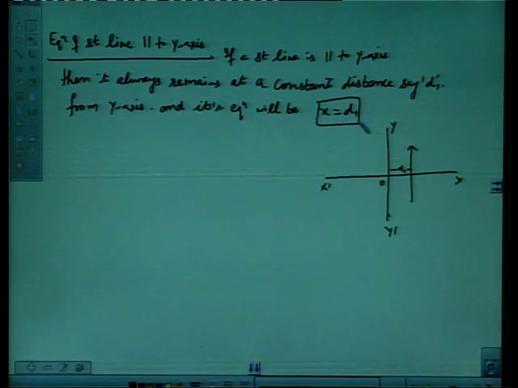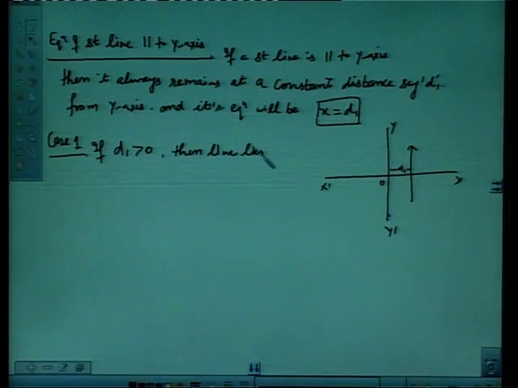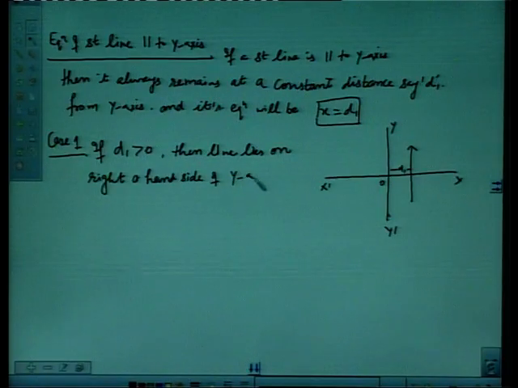Now cases. Case 1, if d1 is greater than 0, then the line lies on the right hand side of y axis.